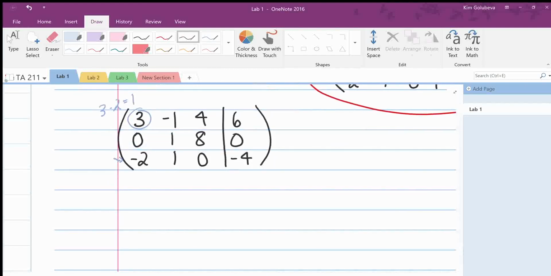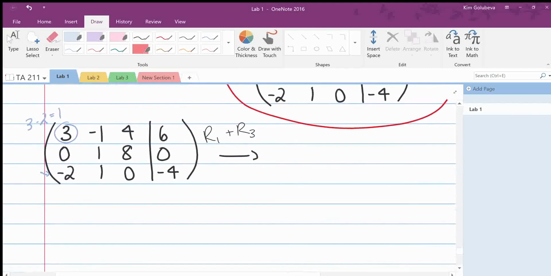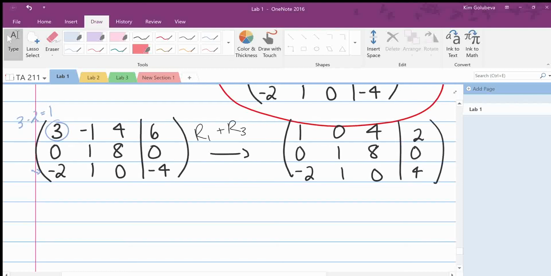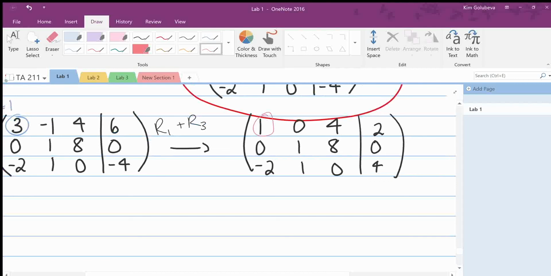So what we're going to do is row 1 plus row 3. Okay? We're going to do row 1 plus row 3. And we see that we end up with 1, 0, 4, and these rows down here do not change. Okay? And the 6 becomes a 2. Okay, perfect. So now we do have our 1 in there, and we're going to use it to kill everything else in the column. Well, this one is already 0, perfect.